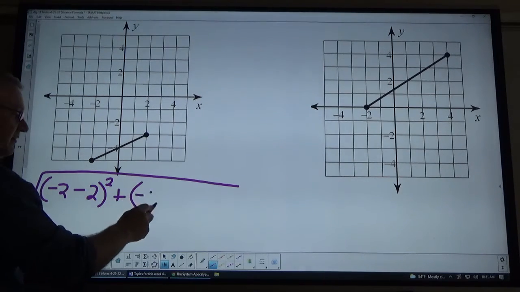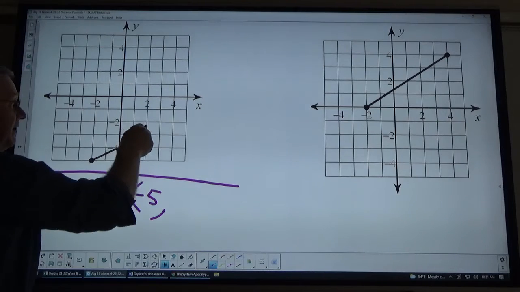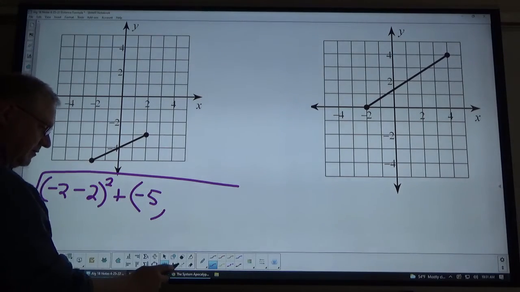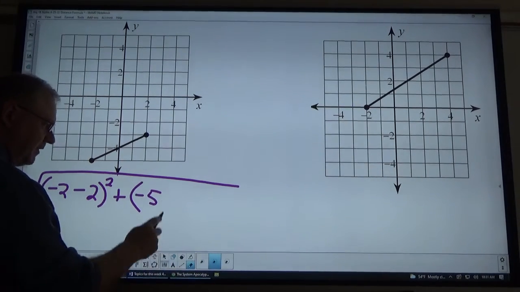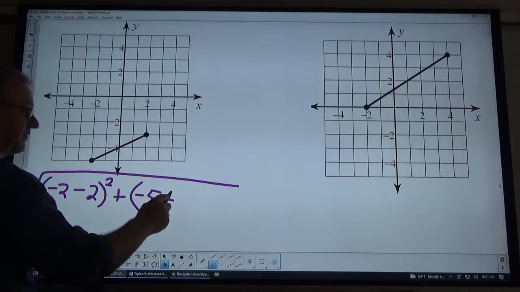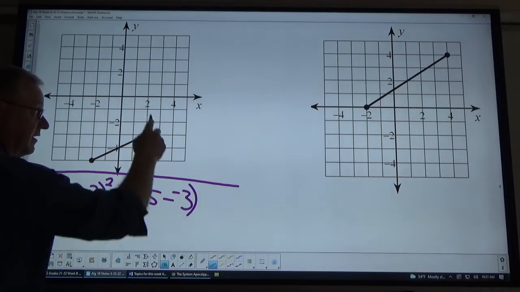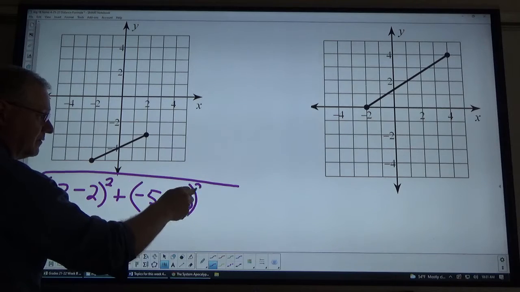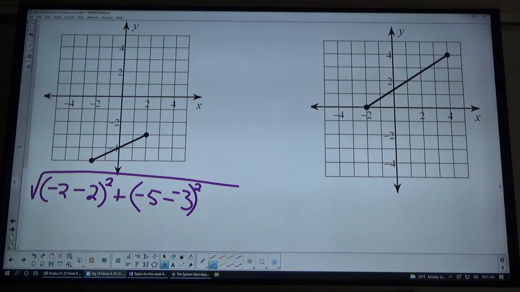Negative 5 is the y value, and negative 3, oops, not comma, so used to writing that, negative 3 is the other y value. So you can do it that way. It's probably easier if you write out the coordinates, especially on a test or quiz, because writing out the coordinates tells me that you know where you're talking about.